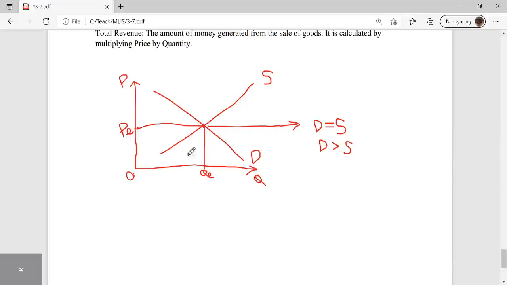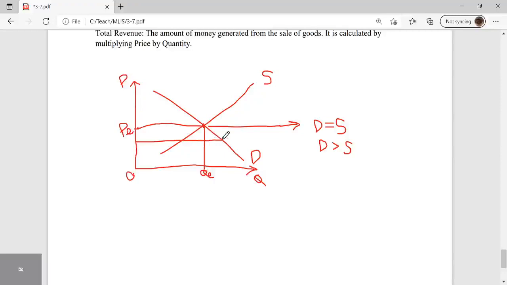That means it's a situation when the demand is greater than supply. So usually what happens if the price falls below the equilibrium price, for some special reason? So what will happen? It will fall to P1.